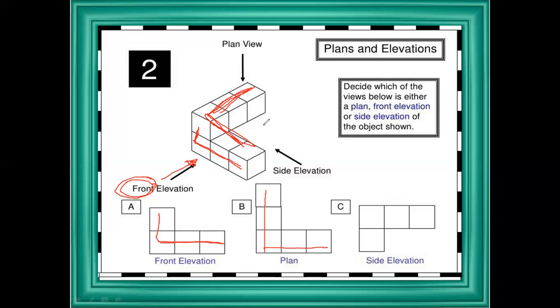And the last, to the side, how many squares can you see? 4. Okay, so 3 here, and we have this 1 here. So this is what you can see on the side elevation. It will be looking like this, letter R.